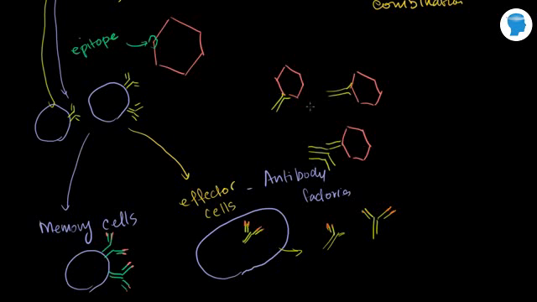But that has a couple of values to it. One is it essentially tags them for pickup. This is called opsonization. When you tag molecules for pickup and make it easier for phagocytes to eat them up, this is called opsonization. These molecules are called opsonins.